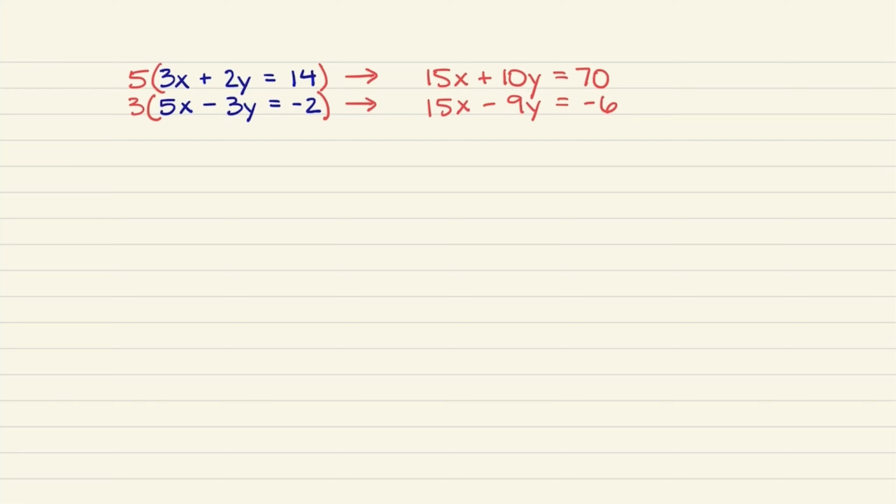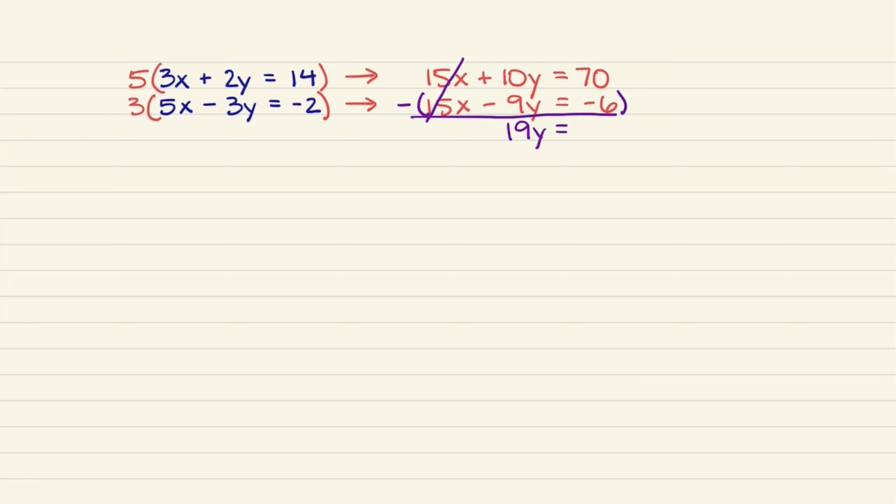Now looking at these, since the 15x's are both positive, I know I will need to subtract to cancel them out. So put our subtraction in parentheses and then subtract. 15x minus 15x cancels out. 10 minus negative 9 is 10 plus 9. So we get positive 19y.